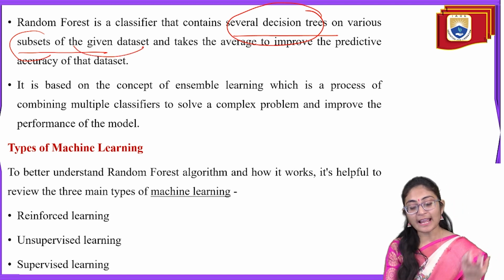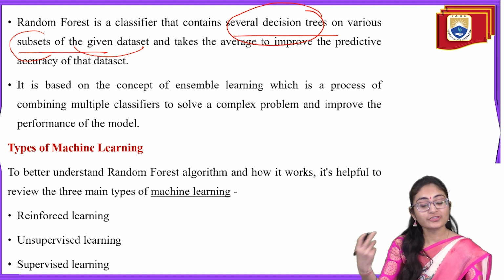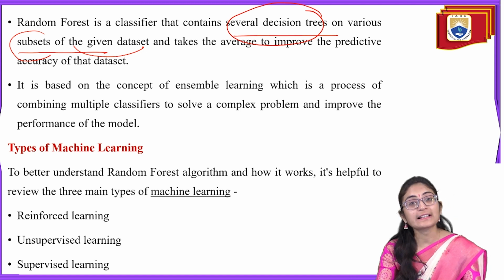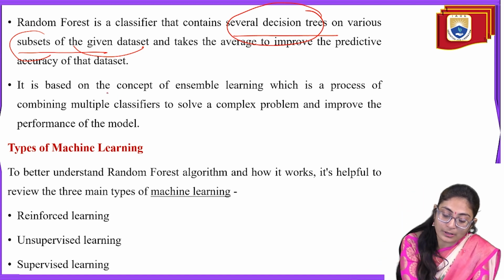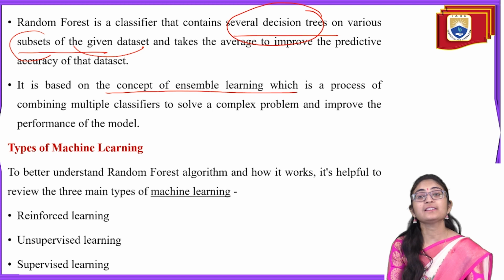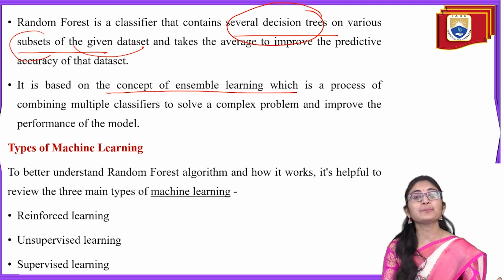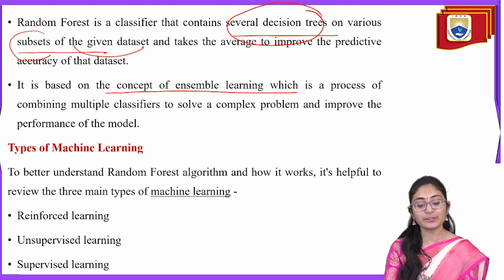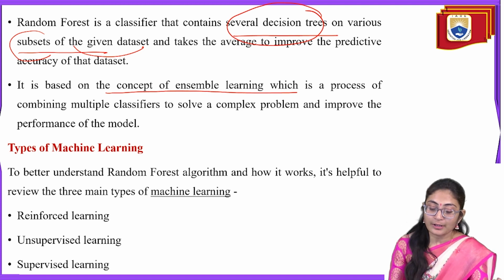It is based on the concept of ensemble learning, which is a process of combining multiple classifiers to solve a complex problem and to improve the performance of the model.